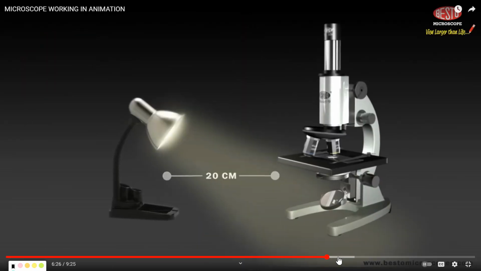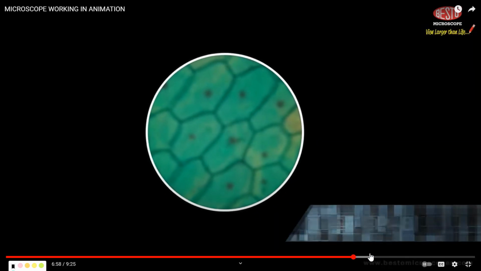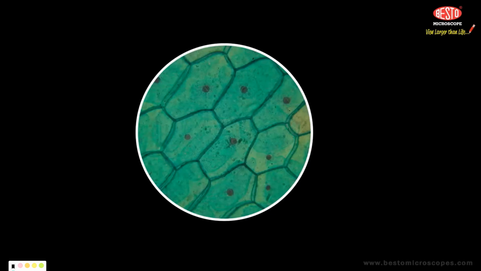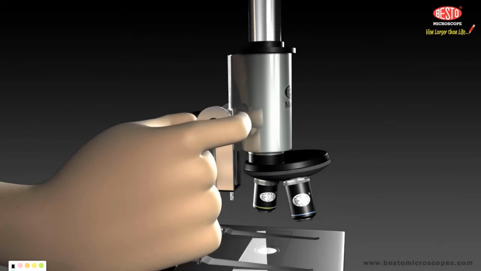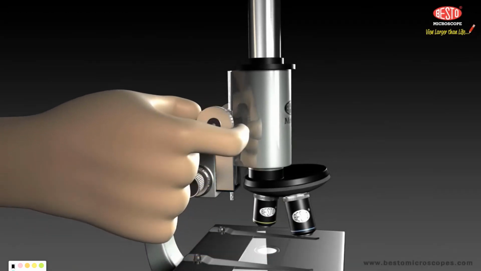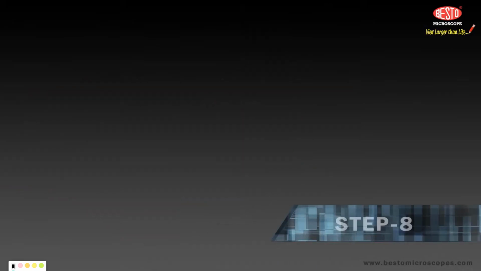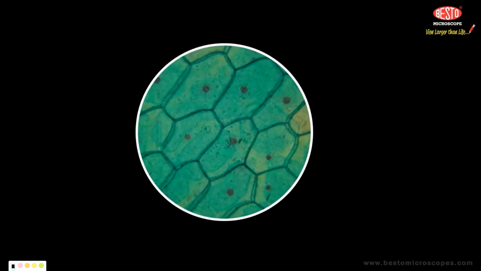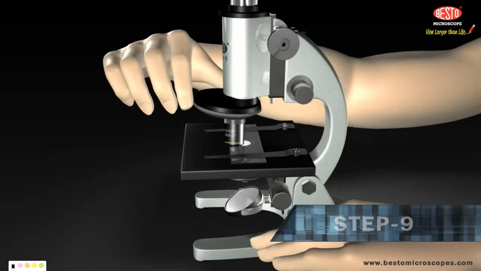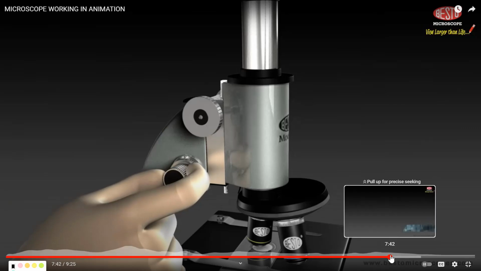Step 6. Light points towards the mirror and use the plate. When the specimen slide comes into focus, it will become sharp and clear. Step 7. Bring the slide or sample into view. If you go too far, simply begin again at step 2. Step 8. When the specimen slide comes into focus, it will become sharp and clear. Step 9. To use the high power objectives, turn the revolving nosepiece.